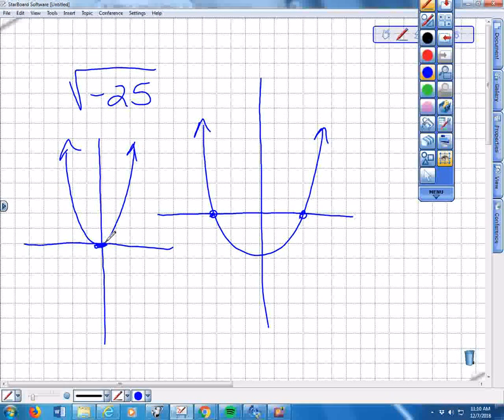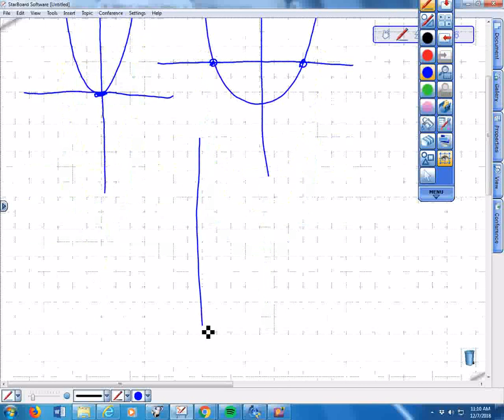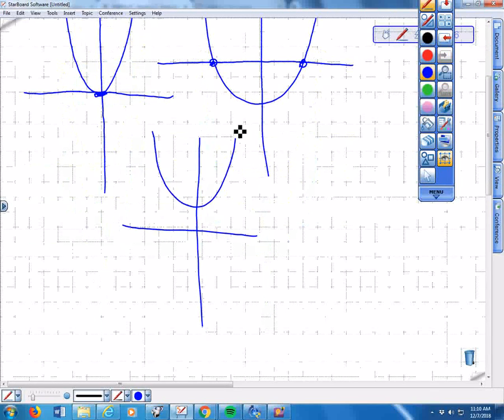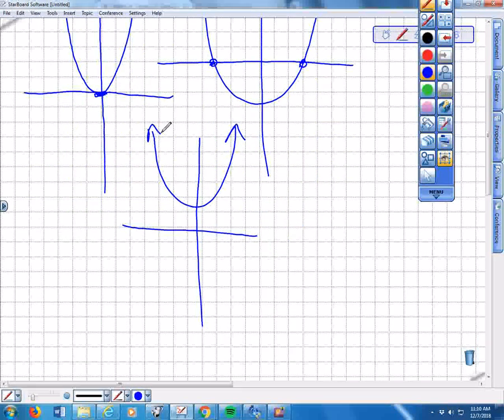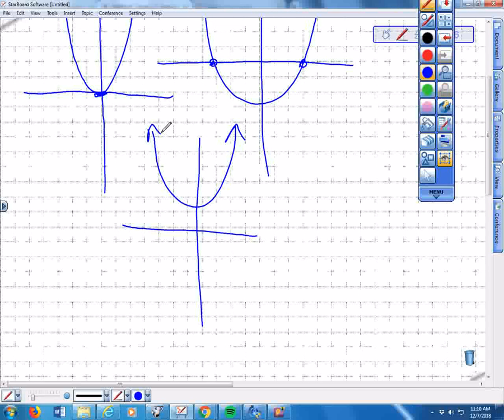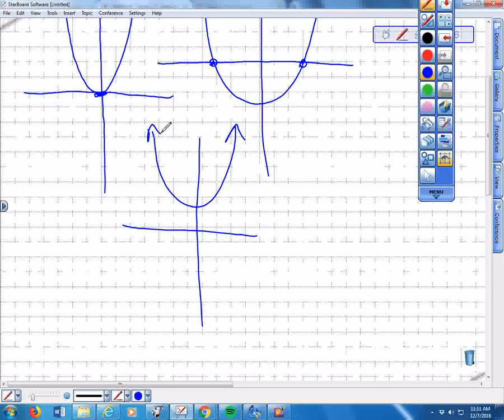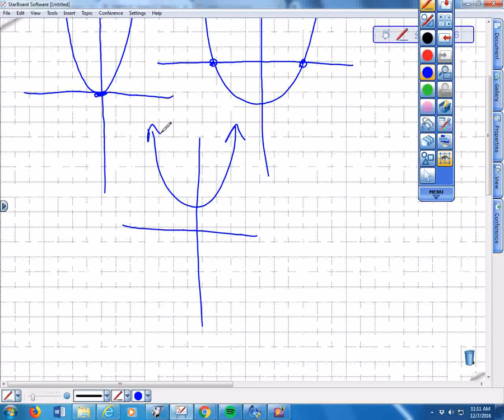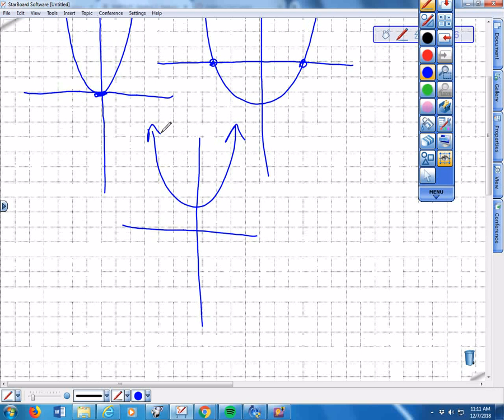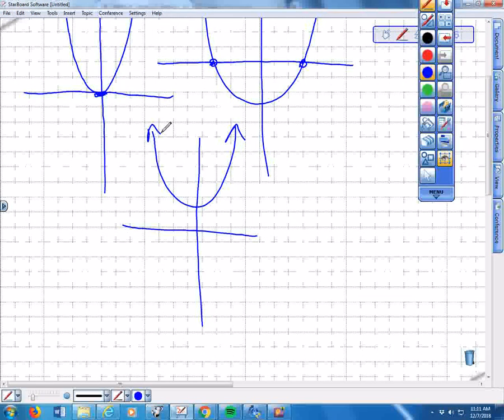Okay? And the final kind of parabola that we might have with quadratics might look like this. Does it go through the x-axis? But when I solve this quadratic, I'm going to get two answers. But both answers will be imaginary.